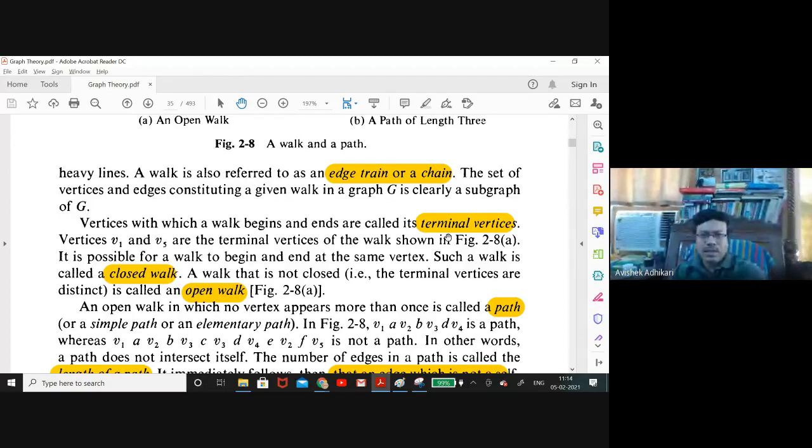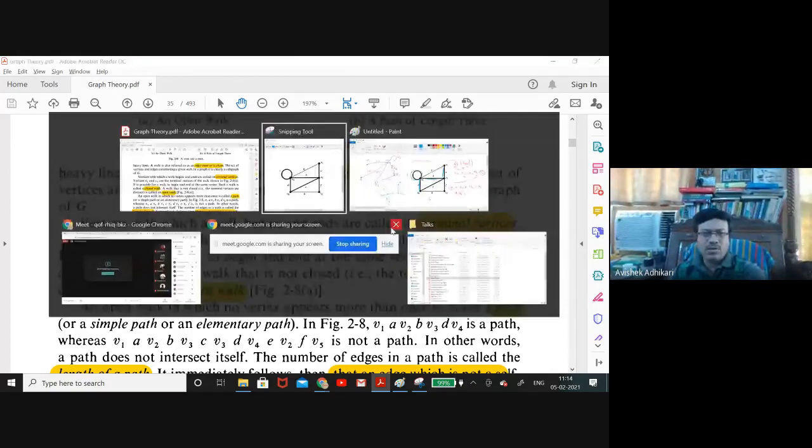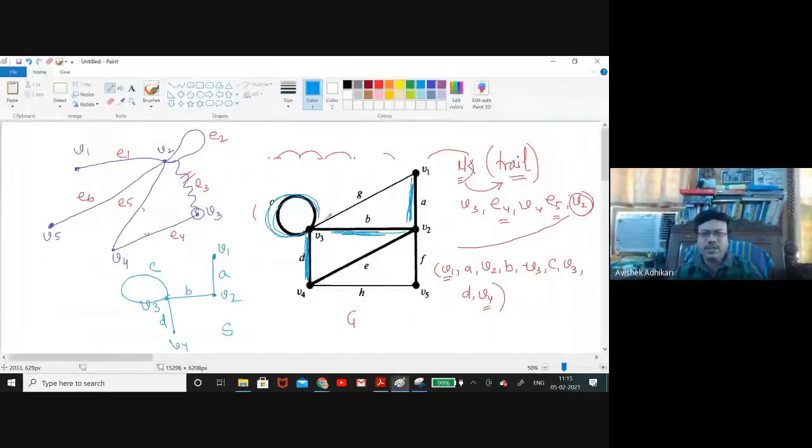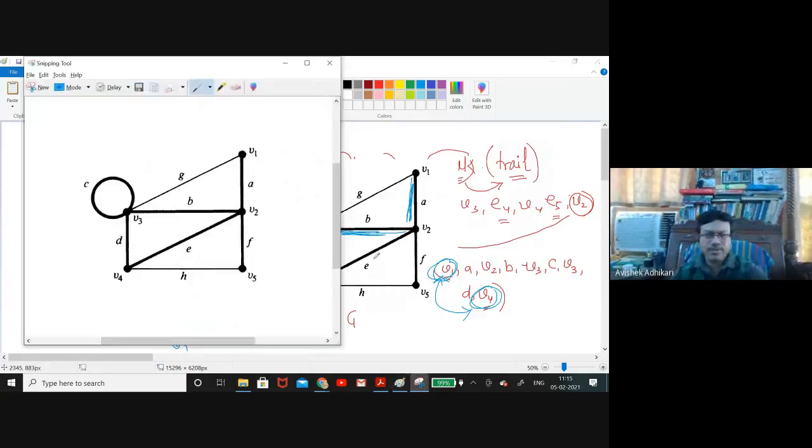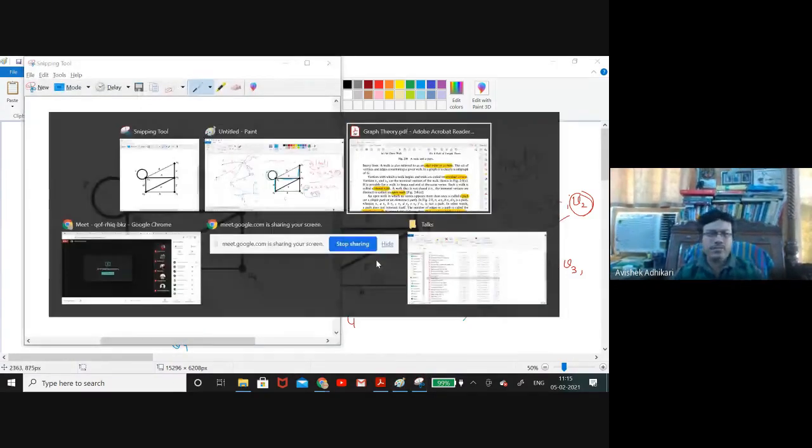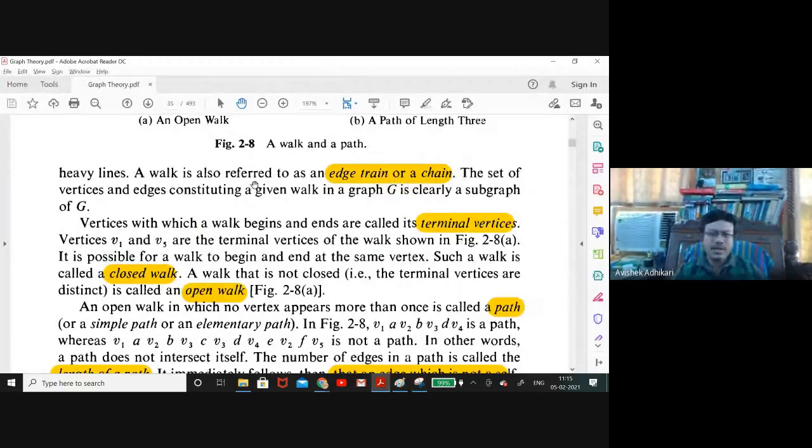If I consider this as my work, then these two vertices which start and end are called terminal vertices, V1 in that particular example. It is possible for a work to begin and end at the same vertex. Such a work is called a closed work.